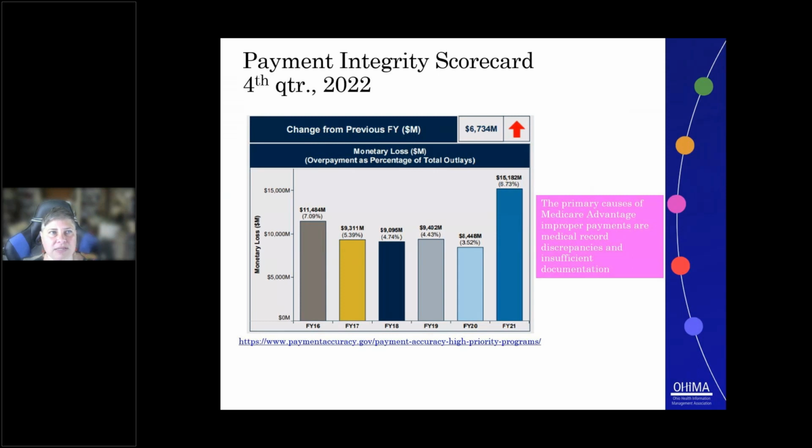The primary causes of improper payments under the HCC model are medical record discrepancies, so discrepancies between admissions, documenting the diagnosis, and insufficient documentation to support diagnoses submitted for HCCs.